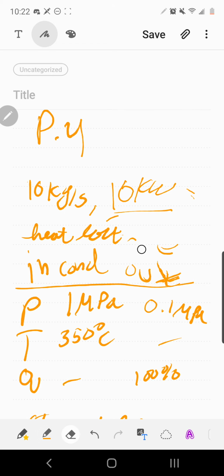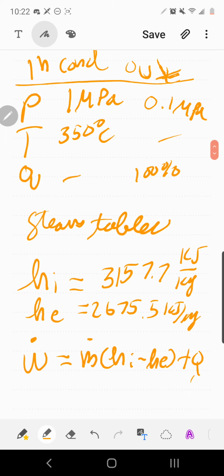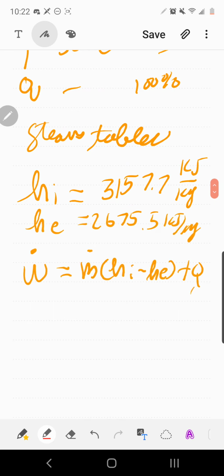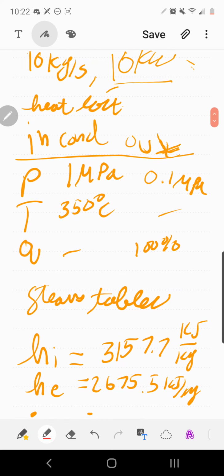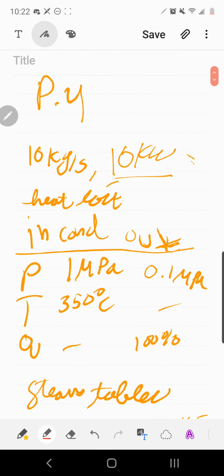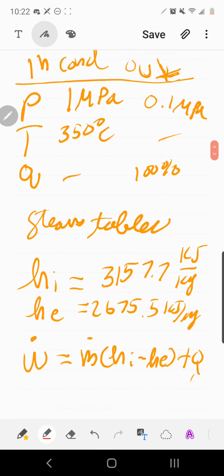I would write it here, but it doesn't want me to. After calculating through this, what do we get? I'm running low on time, so I will write out the algebra for you. We have m dot is up at the top, which is 10, and we're going to subtract this 10 kilowatts from the total final answer.